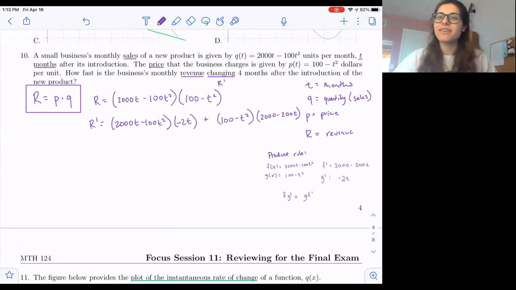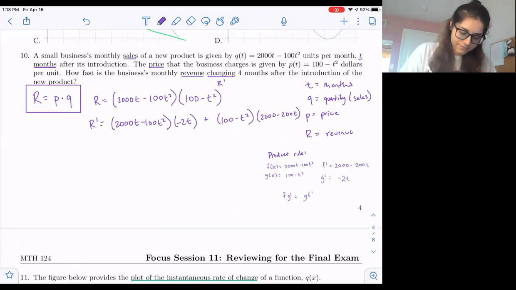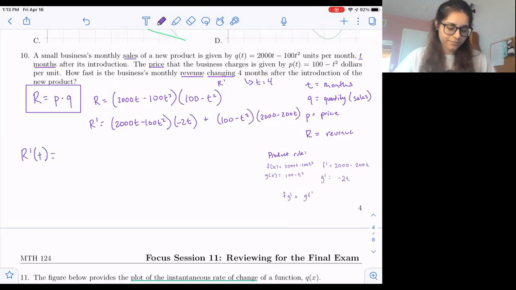Okay, so now we have R prime. We're almost done. We want to find how the revenue is changing 4 months after the introduction. T is giving us months, so we want to set T equal to 4. So we'll find R prime of 4.